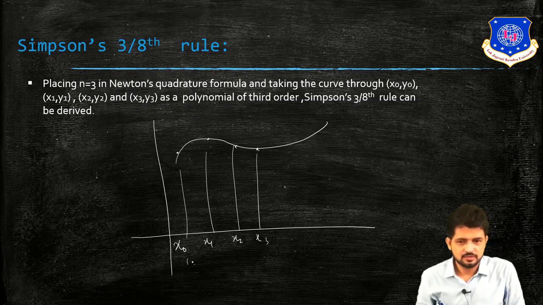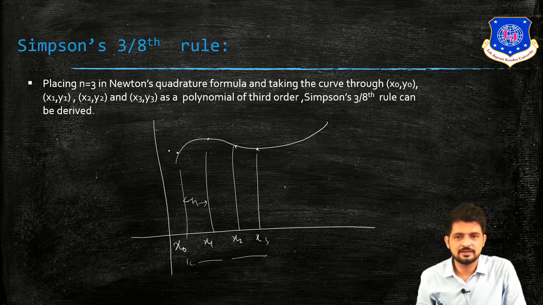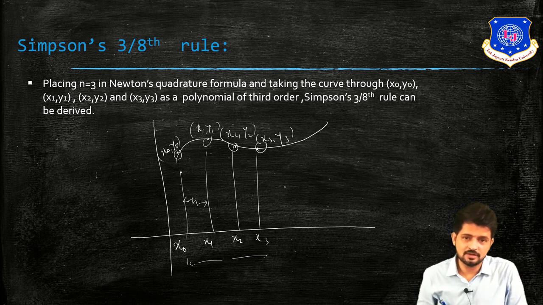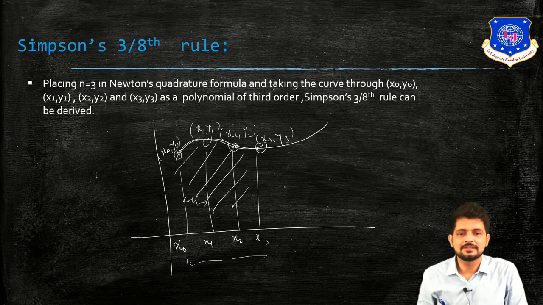I am taking the first integral from x0 to x3. This is the width of the interval, and these are the points x0, y0, x1, y1, x2, y2 and x3, y3. So taking these 4 points on the curve, I am finding the area of this integral.